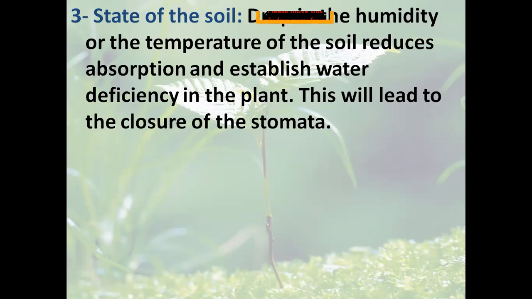When the humidity or the temperature decreases, it decreases the absorption, and thus we will have no more water. We will have what is known as deficiency in the water. This will lead to the closure of the stomata and to the stop of the process of transpiration.